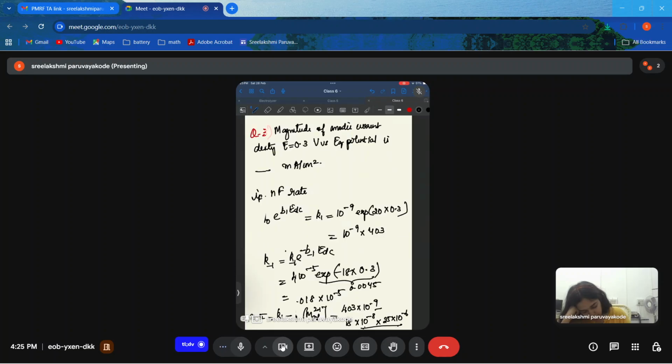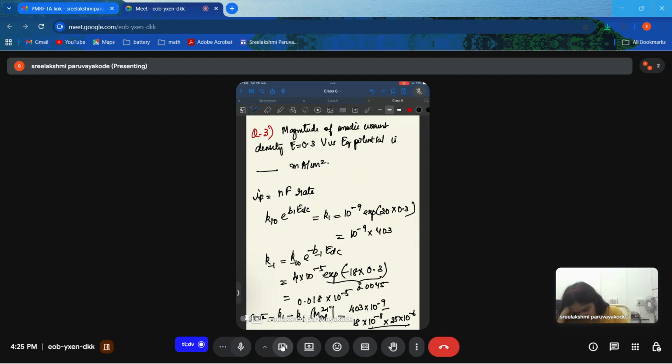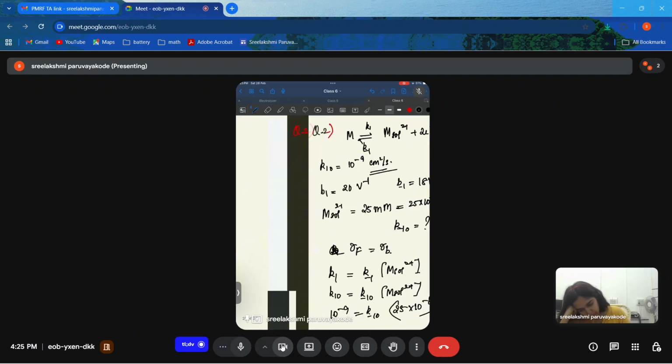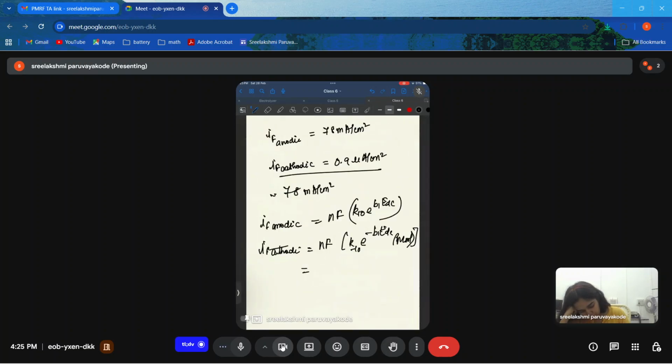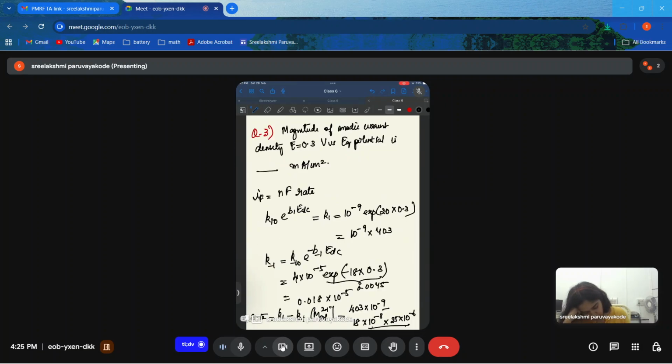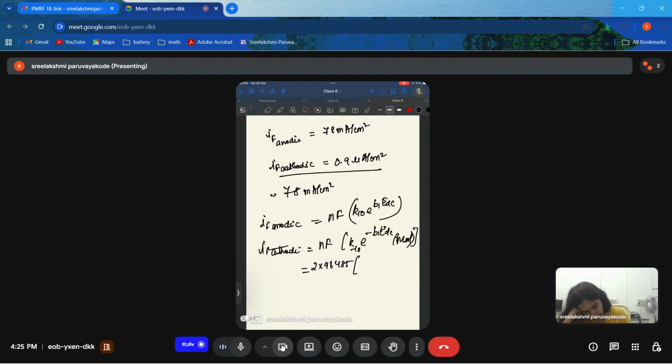That is the n value, it is going to be 1, right? Sorry, 2. We get 2 into 96,485 and K minus 10 e to the power minus B minus 1 EDC.